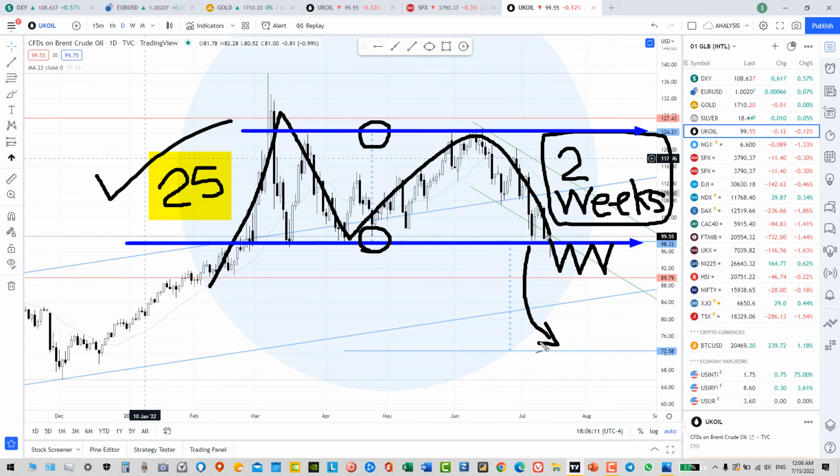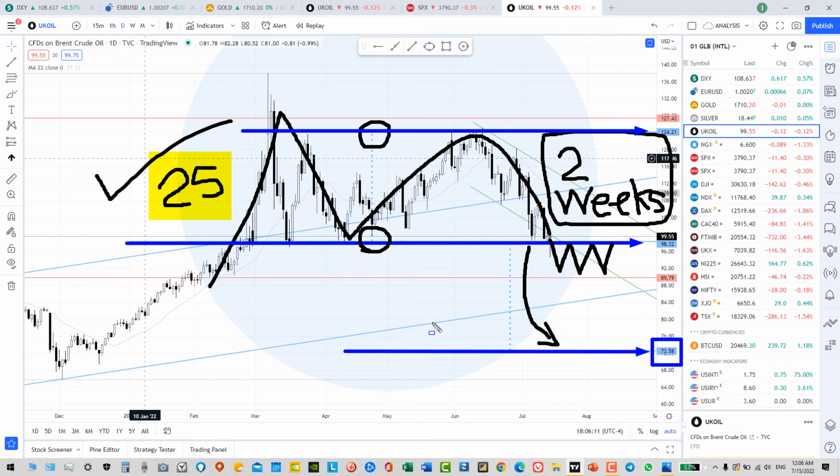We are targeting approximately $25 to the downside, which means that we are targeting $73 over the medium term in case of a confirmed valid break below the neckline.